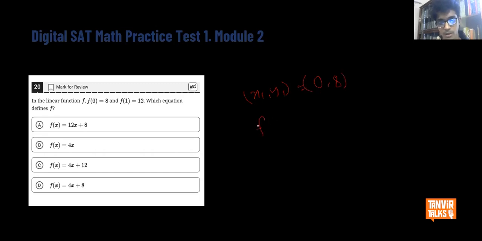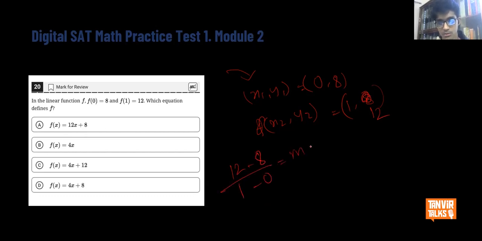And x2 y2 is equal to 1, 12. Okay, so if two points are given we can find the equation, right? So first we find the slope. The slope will be what? Sorry, 1, 12. So 12 minus 8 by 1 minus 0 is equal to m is equal to 4. So that's the slope. Okay.